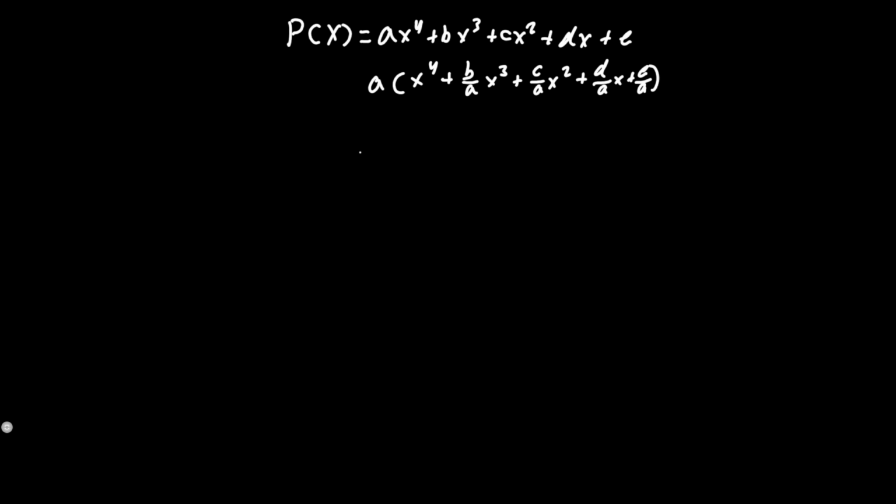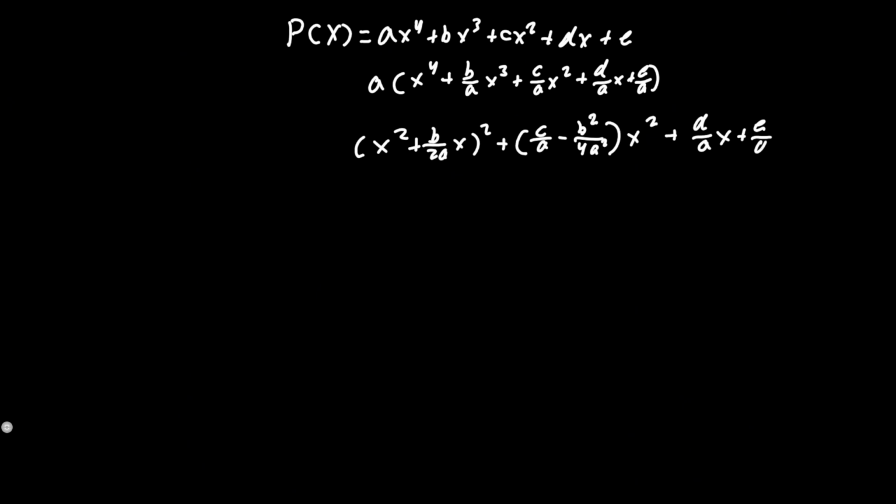And this resulted in x squared plus b over 2a x, squared, and then plus c over a minus b squared over 4a squared, x squared, plus d over a x plus e over a.